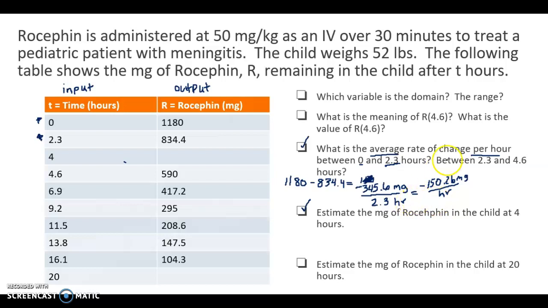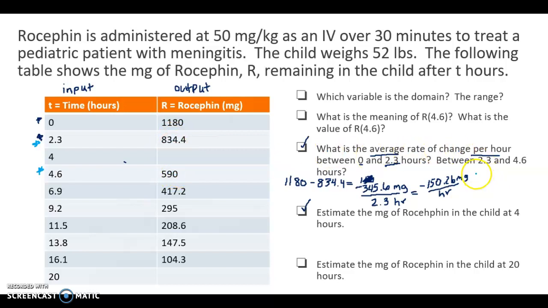So now there's a second half to the question, and it asks me, what about between hours 2.3 and 4.6? So I'm literally going to repeat the math. So this time, let me get a different color pen. We are going to be working with 2.3 and 4.6. And so the first thing I want to do is figure out how much the milligrams have changed in that time frame.